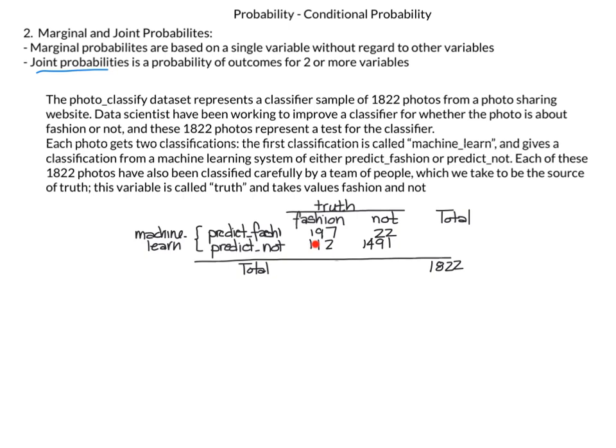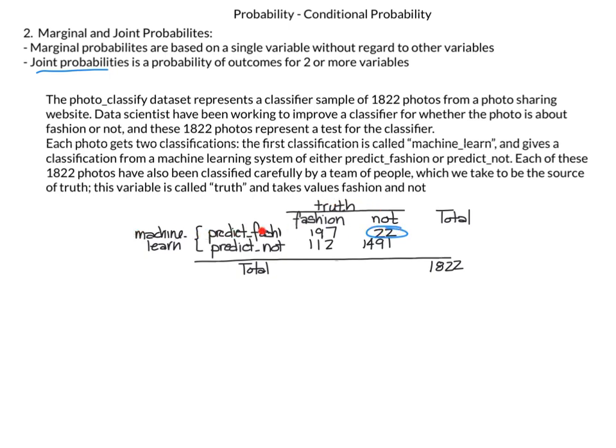So now, if I look at one of the numbers, let's look at 197, what that tells me is there's 197 photos in the column where the expert said it was about fashion, and looking at the row it's in, the machine learning predicted it was about fashion. If I come over here, I'm in the column where the expert said these 22 photos were not about fashion.